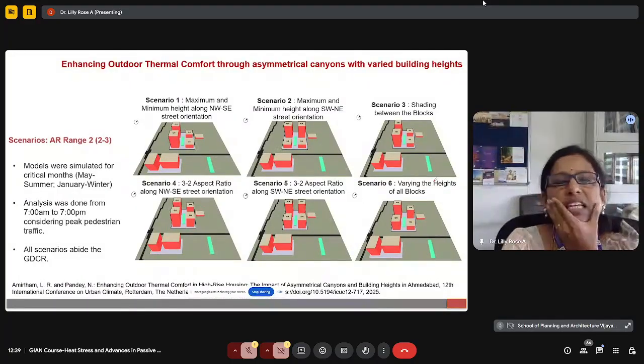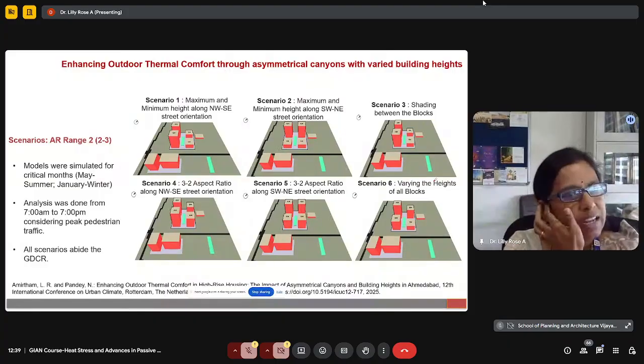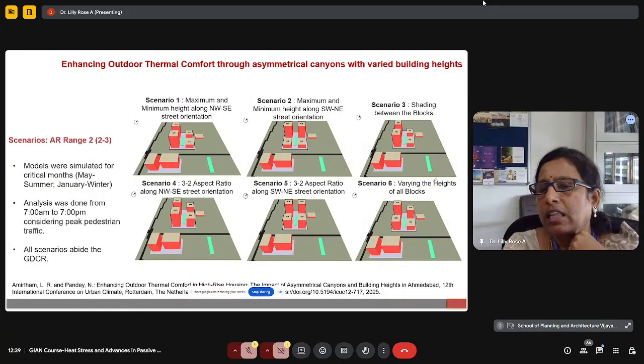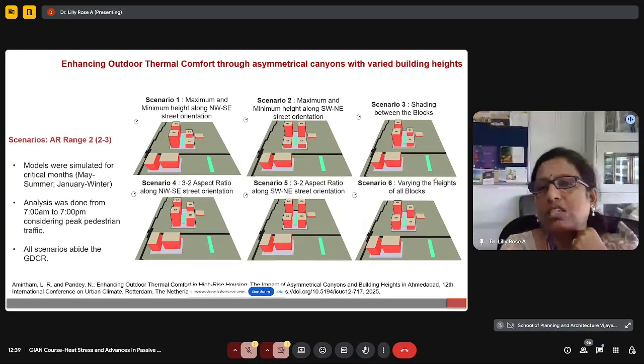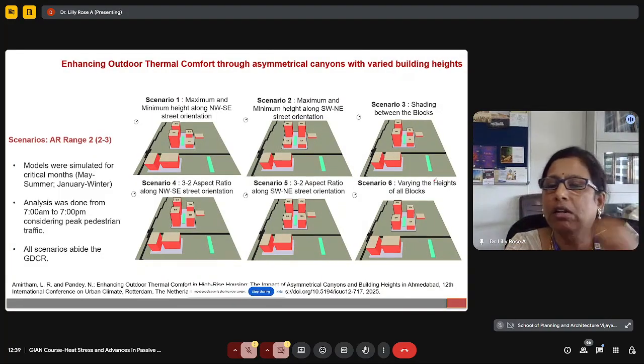Then we varied various scenarios by varying the building height. First, we tried to vary the building heights in northwest and southeast orientation. Then we modified the variation in southwest and northeast orientations. Then we introduced shading blocks between buildings, in terms of just a pergola or a shade.